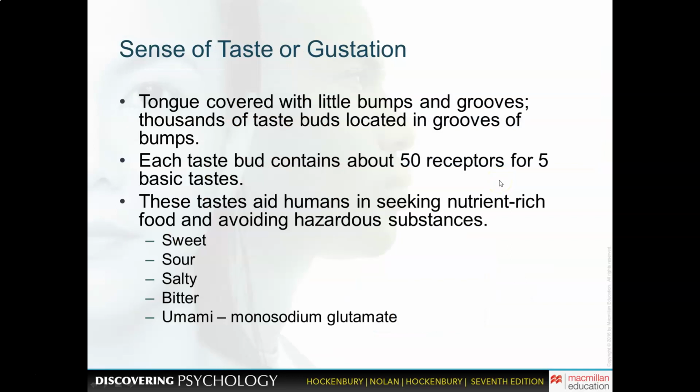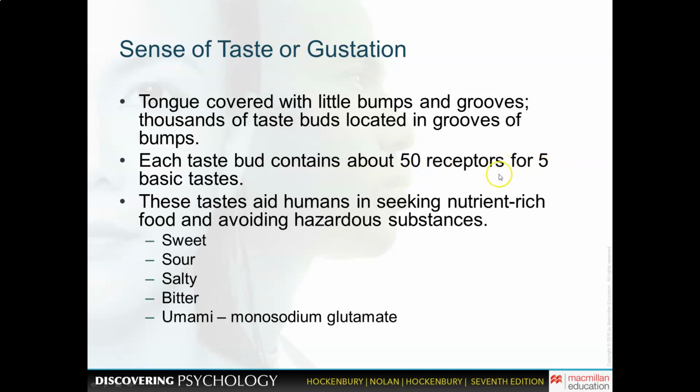Let's move forward. We're going to take a look at the sense of taste. Remember, the scientific term for the sense of taste is gustation. We have a lot of little bumps and grooves on our tongue, and remember, we call those taste buds. Each taste bud contains about 50 receptors.